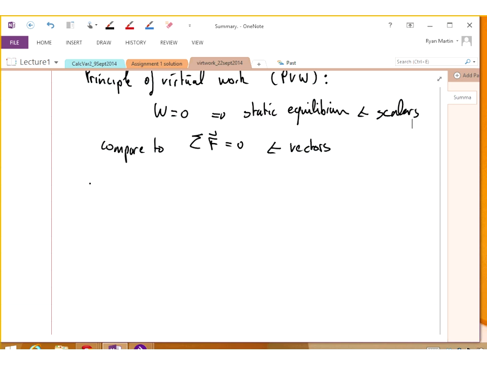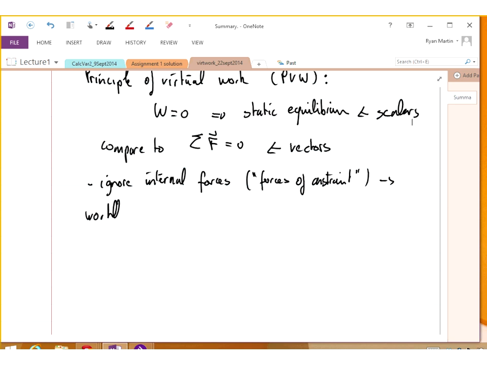So what we did is we started to ignore internal forces. So these are forces of constraint, typically. But there are generally workless forces. Or even better, forces that do no virtual work.